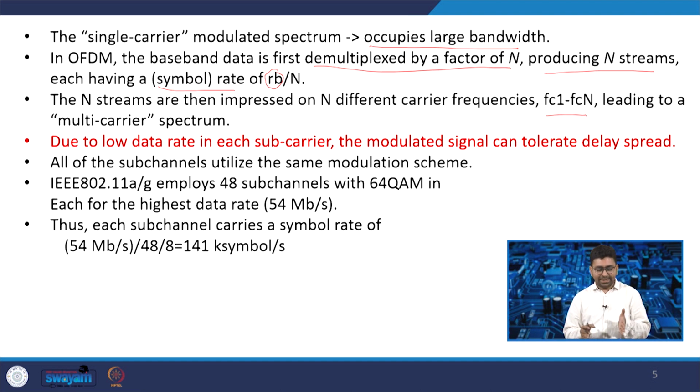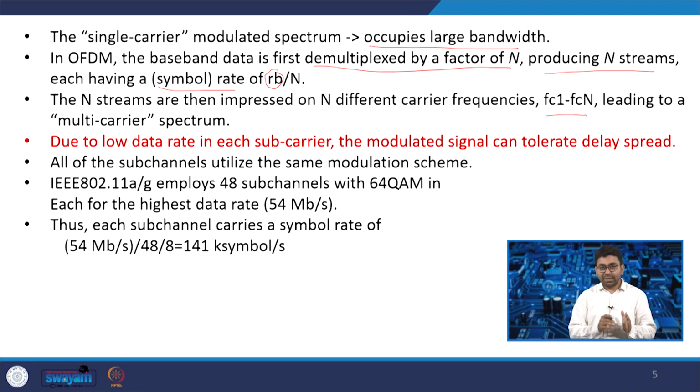Due to the low data rate in each sub carrier, the modulated signal can tolerate the delay spread. So, effectively we are trying to reduce the bandwidth, and each sub carrier also has a low data rate. The modulated signal then can tolerate the delay spread.